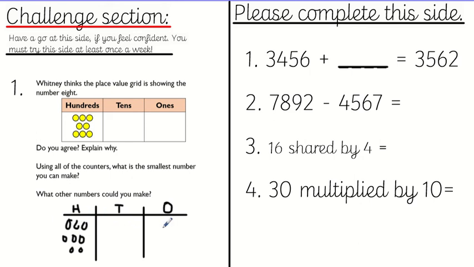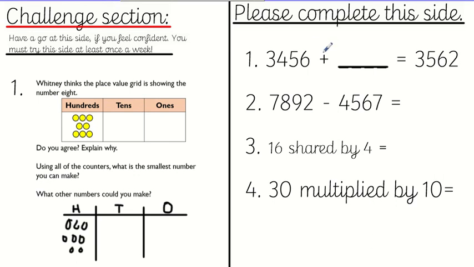Then you could think about moving them all to the ones column one by one, and you'd make lots of numbers that way, or you could start with all of your counters in the ones column. You need to pause the video now and have a think about what system you're going to use to make the other numbers. So this could be a chance for you to use paper as well as your portfolio post to come up with the other numbers that you could make.